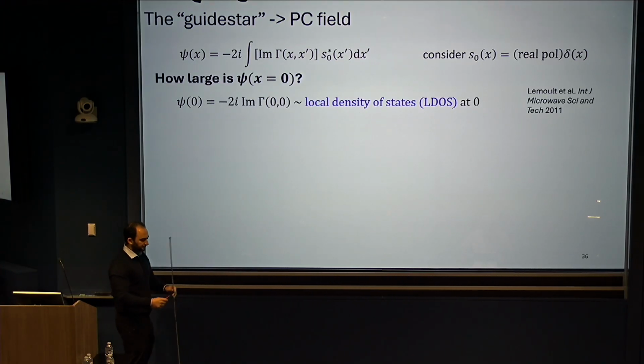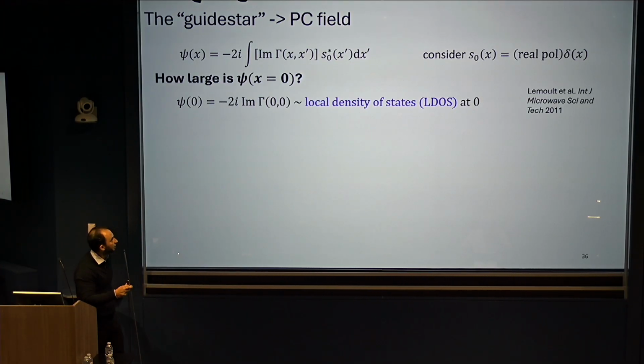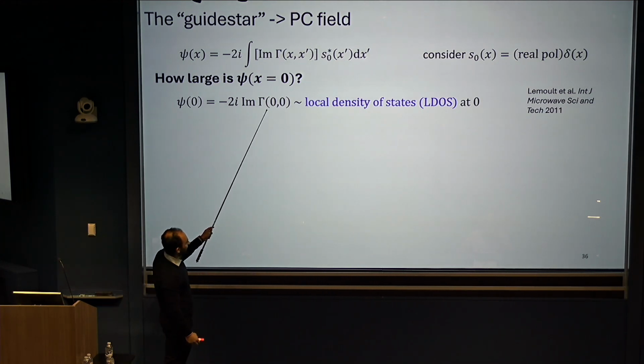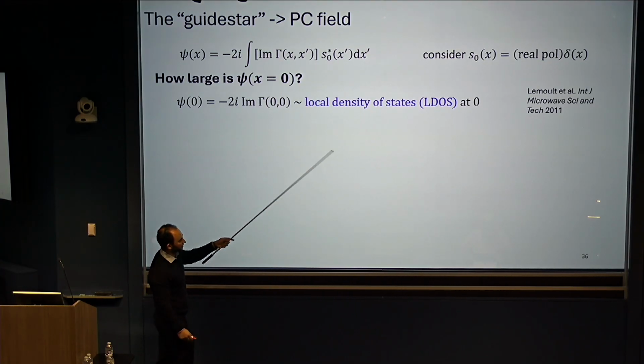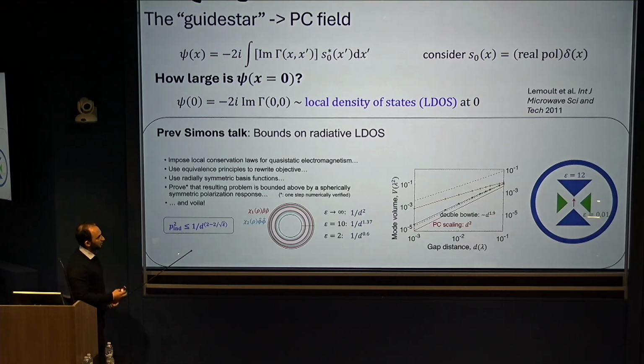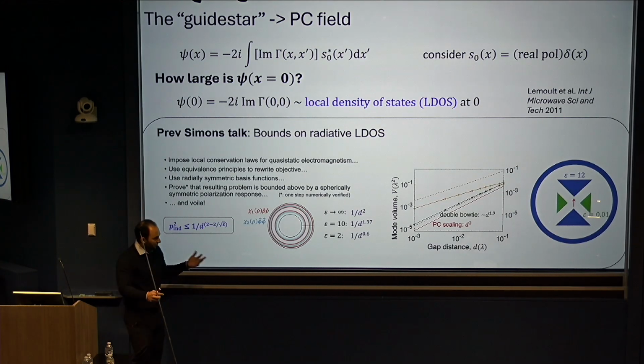All right. How large can this field be? There's another nice aspect of the fact that you have the imaginary part of the Green's function. If this guide star is just a point source, this is proportional to the local density of states. This has been pointed out certainly before. In a previous Simons talk, I talked about a lot of work we've been doing on the upper limits to local density of states.